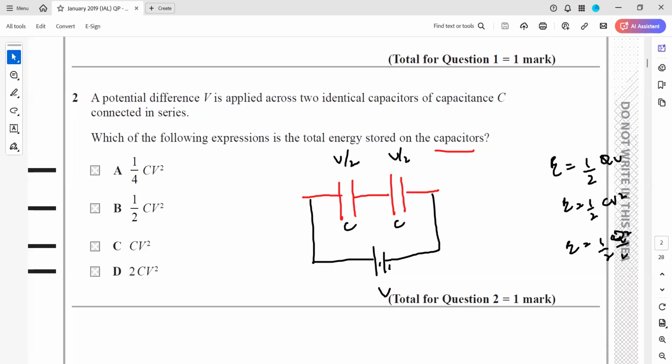So these are the three formulas. Because they are identical capacitors, each has a capacitance of C, and a potential V is applied across them, so the potential across each will become half.